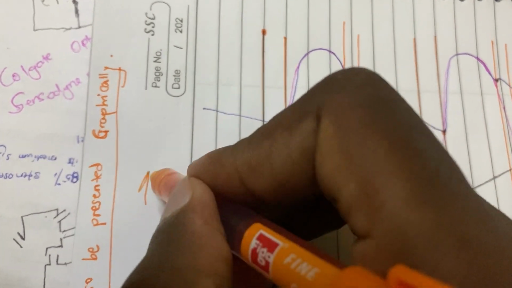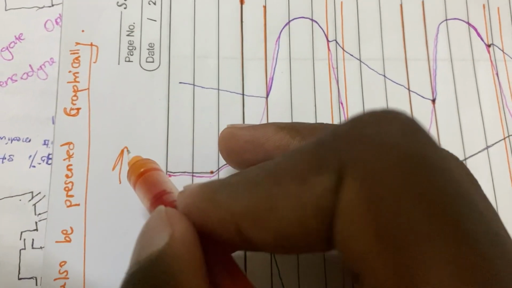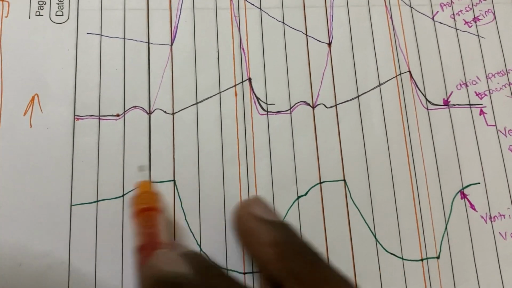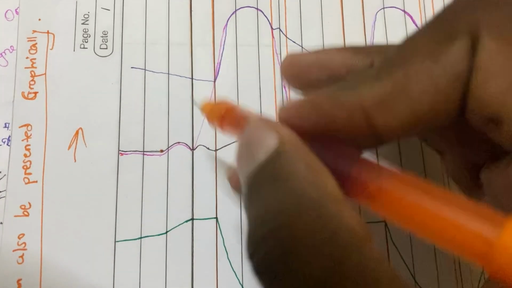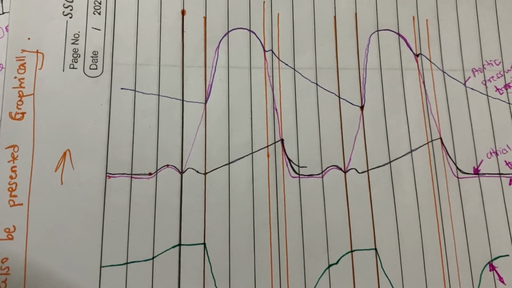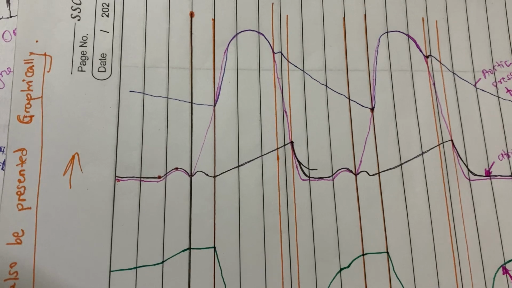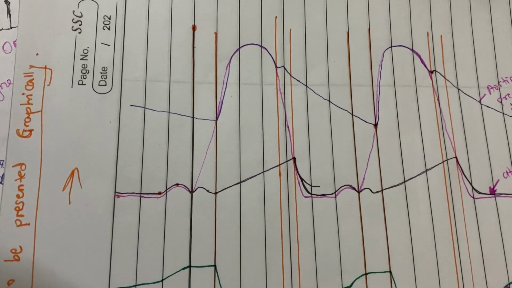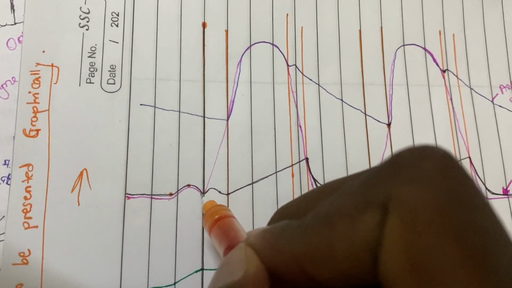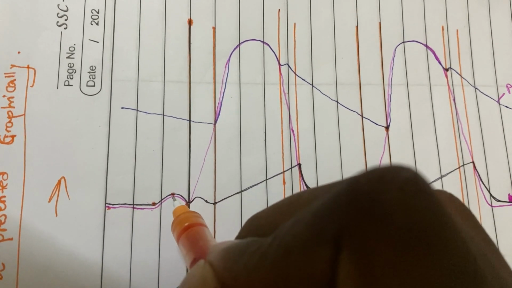Here we have pressure on the y-axis, and duration on the x-axis. So when the atria contract, the pressure in the atria increases with atrial contraction. What is next? Blood goes into the ventricles. When that blood goes into the ventricles, there is a slight increase in the ventricular pressure called the A wave.